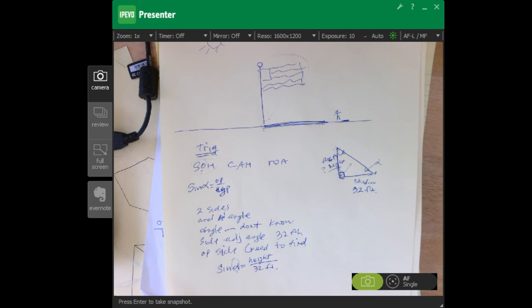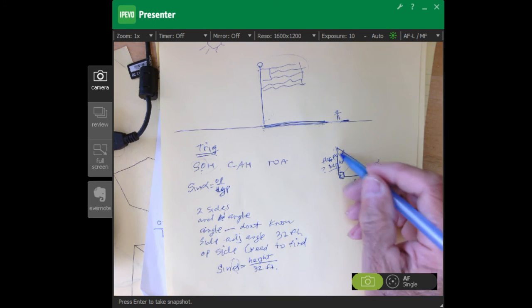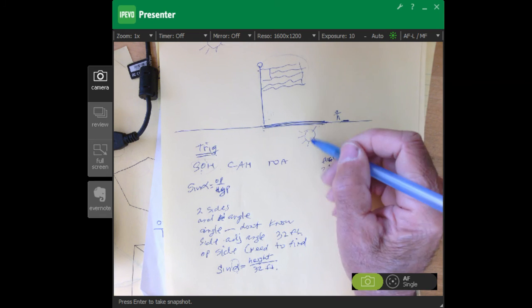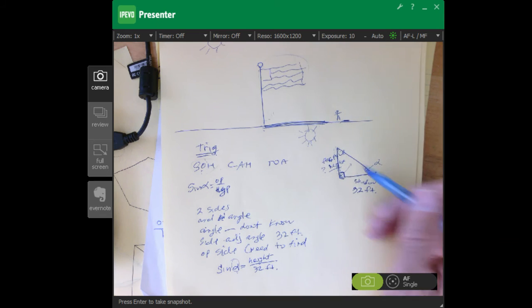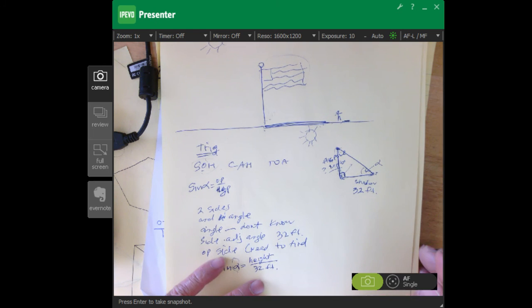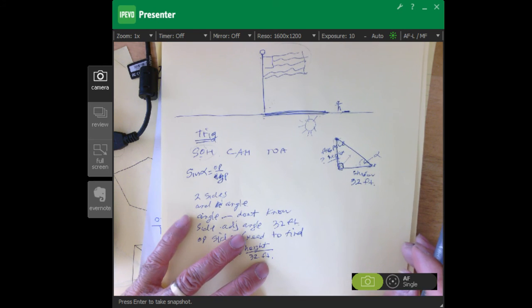We need the angle. Well, fortunately, we're on the ground and we can measure that. So basically what you do is you stand on the end of the shadow, you look up towards the end of the flagpole, and you check the angle, you measure it. It's very simple to make a measuring device for that.